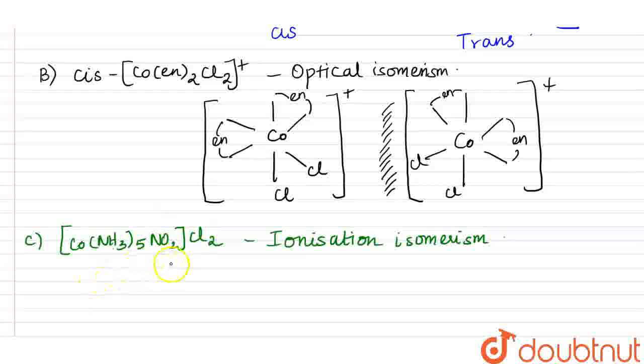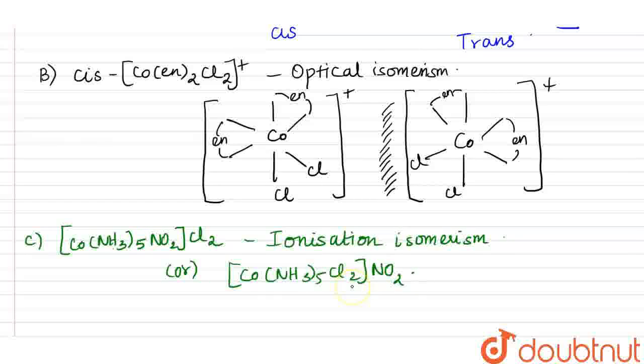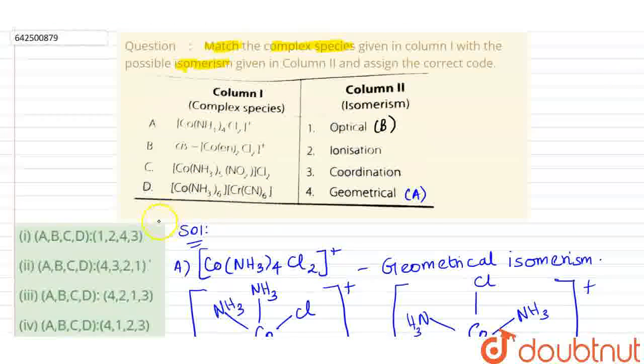It can also be written like Co(NH3)5Cl and NO2, or like Co(NH3)5NO2 and Cl. By dissolving them, they will give different ions in solution, so that is called ionization isomerism. So the third one, C, is ionization isomerism.